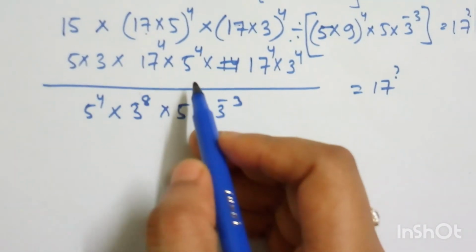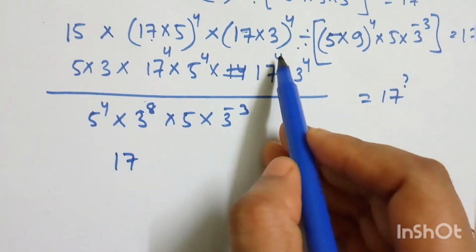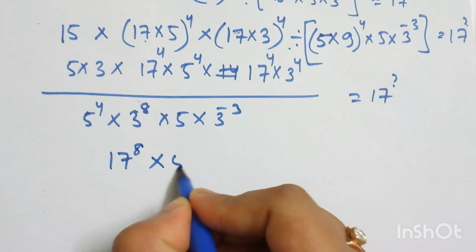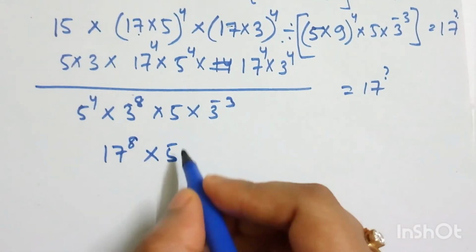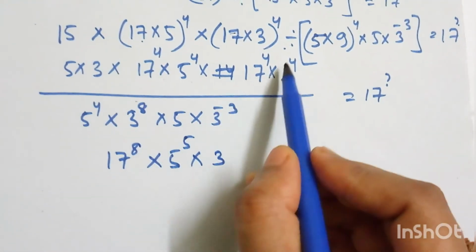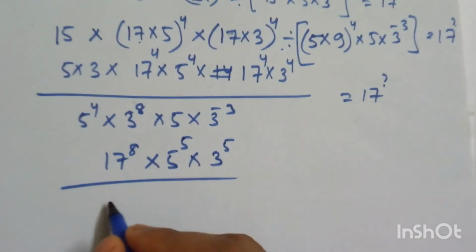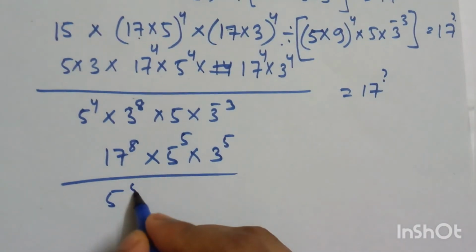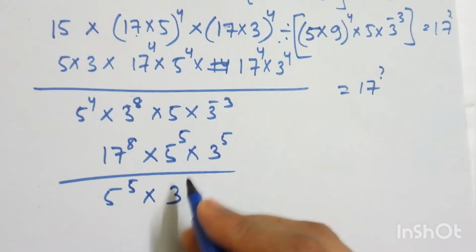To simplify this, we will get 17 to the power 4 and 4 means 8, into 5 to the power 1 and 4 means 5, into 3 to the power 8 and minus 3, it is 5.